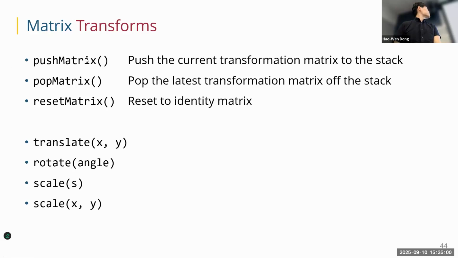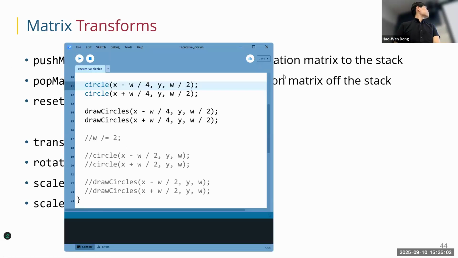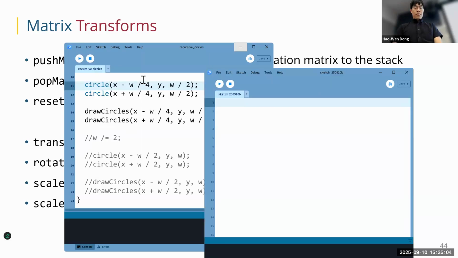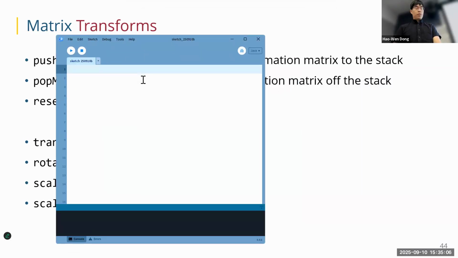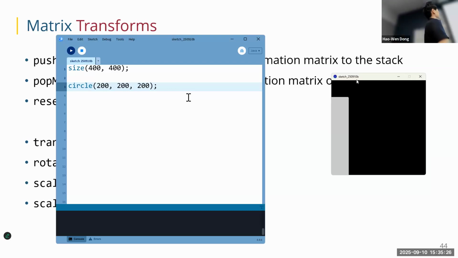So let's take a sample. The typical way we do a circle, at least what we've been doing so far, say 200, 200, 200. Oh, forgot to set the canvas size, 400, 400. So this is a typical way we do it.